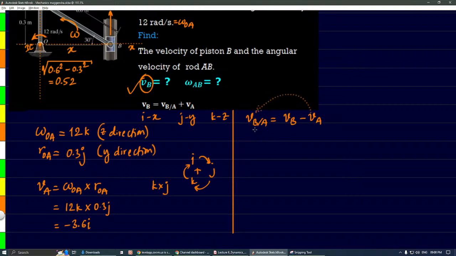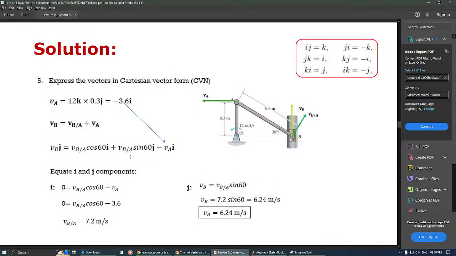When we send it, it becomes positive. So VA plus VB with respect to A equals VB. We can just interchange LHS and RHS. VB equals VA plus VB with respect to A. That is the formula given here.